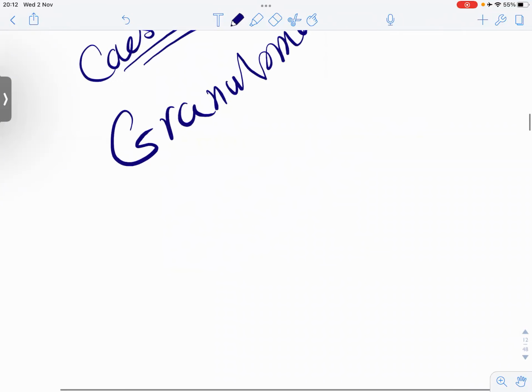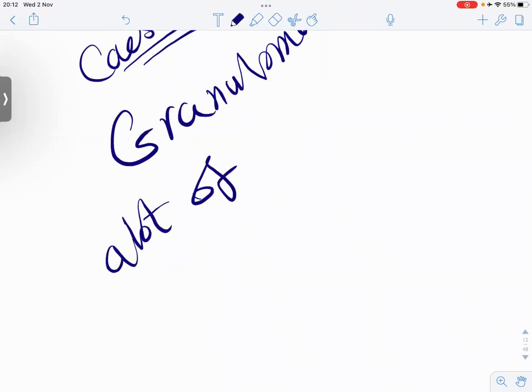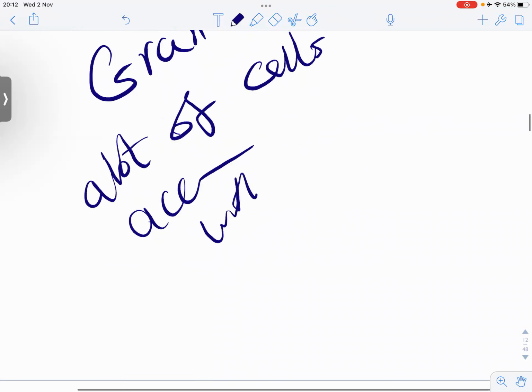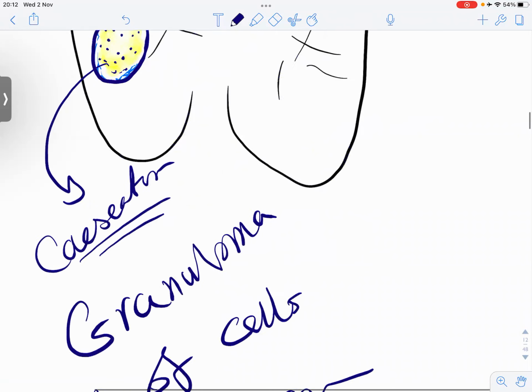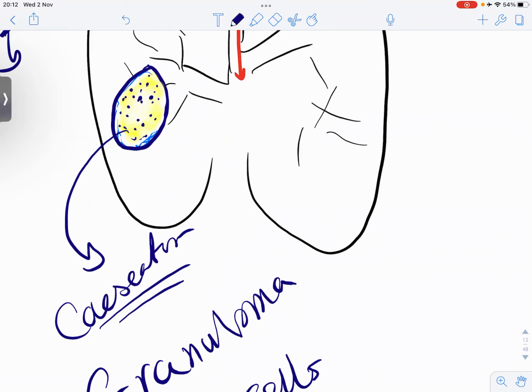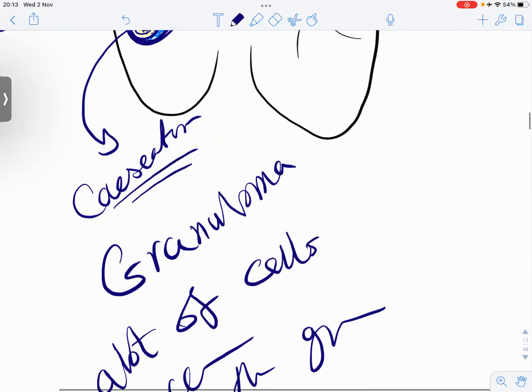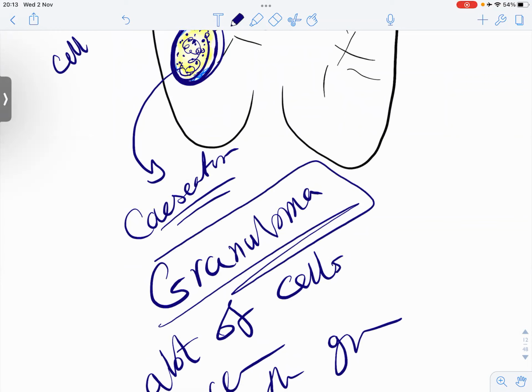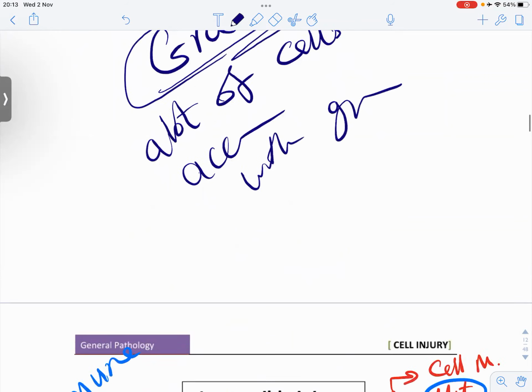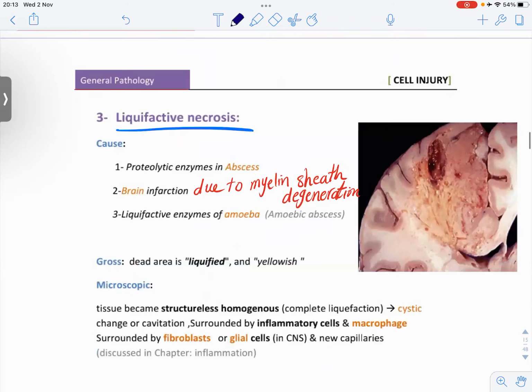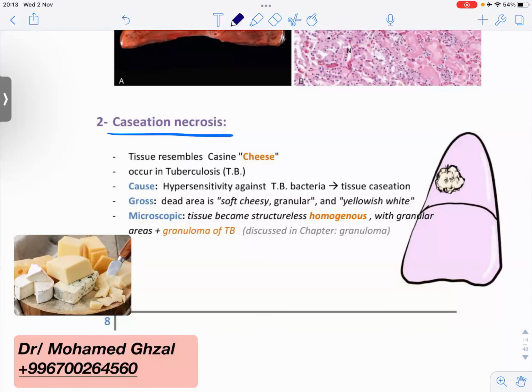Granuloma means a lot of cells accumulated together with granules. Granules means remnants of dead cells, with a lot of immune cells surrounded together. It's called granuloma, and we have a complete chapter talking about granuloma. So granuloma of tuberculosis is yellow, white in color, and granular.